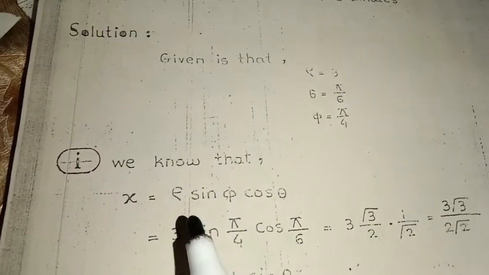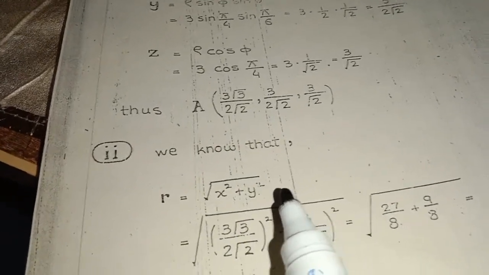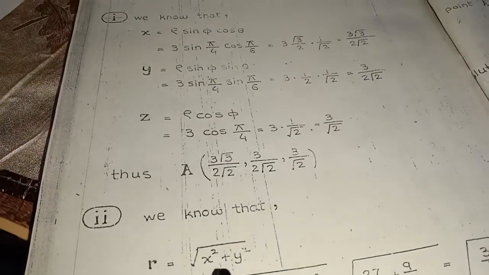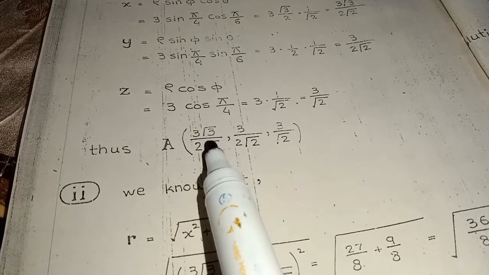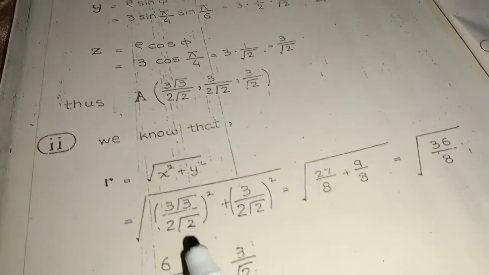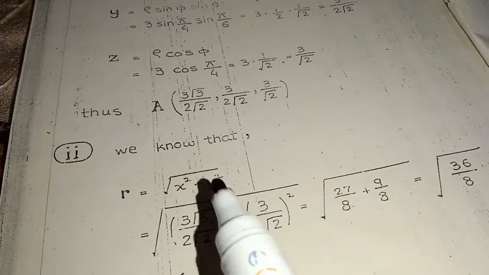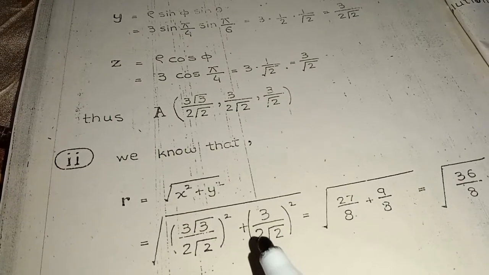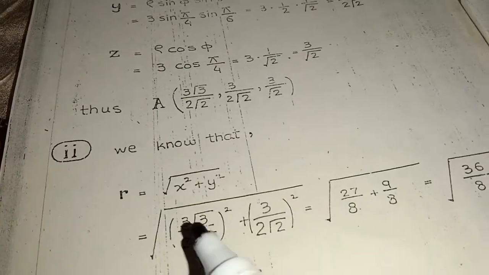Cylindrical coordinates relation is this. r is equal to square root of x square plus y square. Here we have found x, 3 under root 3 by 2 under root 2, x square. So it is 3 under root 3 by 2 under root 2 whole square plus 3 over 2 under root 2 whole square.